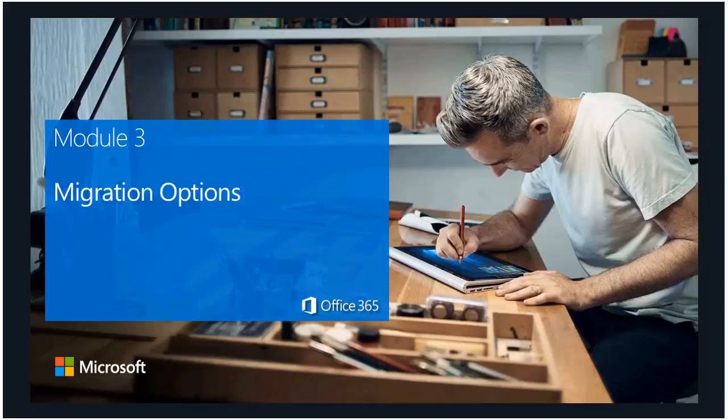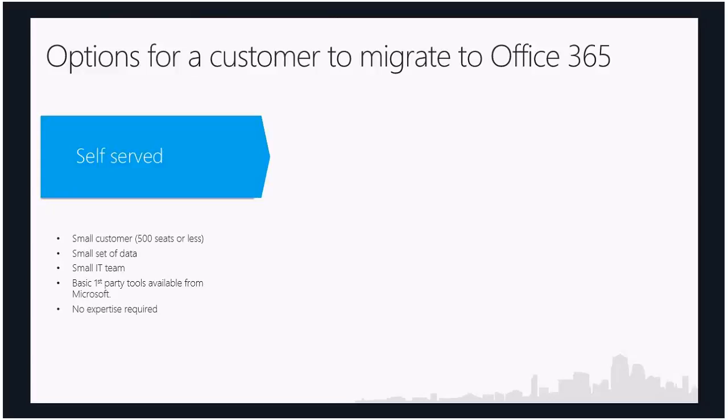In Module 3, we will talk about this. We have some ways to migrate here. Using OneDrive for Business is for self-serve migrations, so the first one is self-serve. Self-serve means the end user or your customer directly migrates their files into Office 365 using built-in tools such as OneDrive for Business.